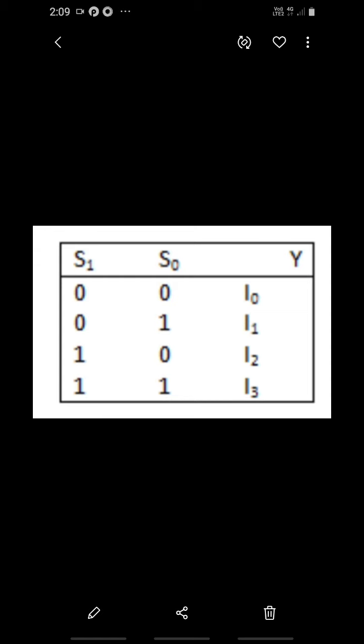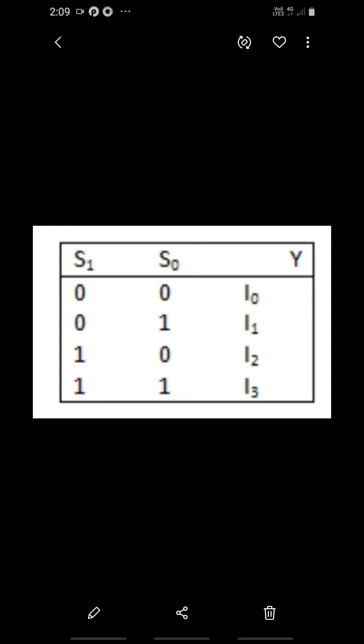Therefore the data bit I0 is transmitted to the output, giving Y equal to I0 S0 bar S1 bar.